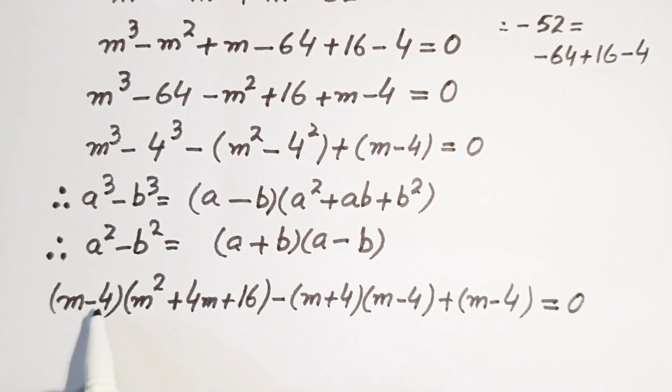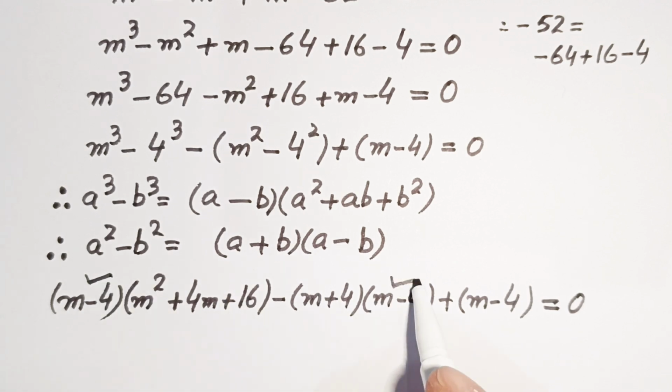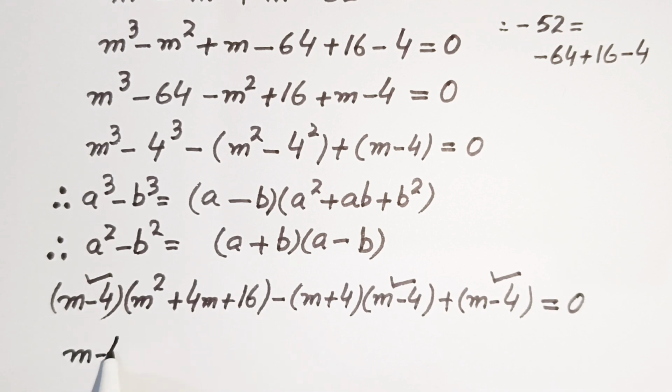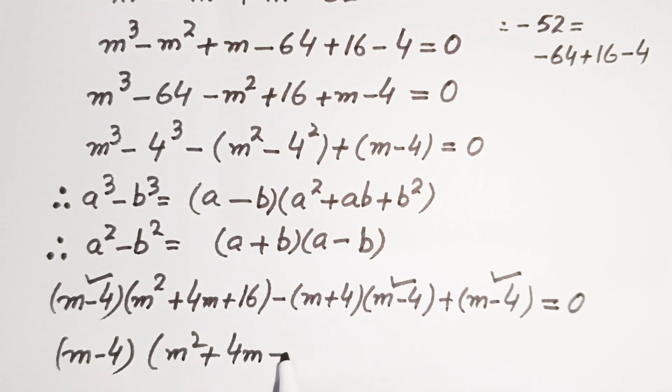Now we see that here we have m − 4 and this m − 4, it is a common term. So taking m − 4 as common, we have m^2 + 4m + 16, and here we have minus (m + 4), minus times plus is minus m minus 4, and here we get plus 1, that is equal to 0.